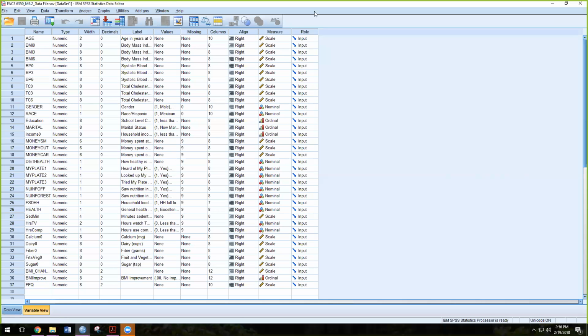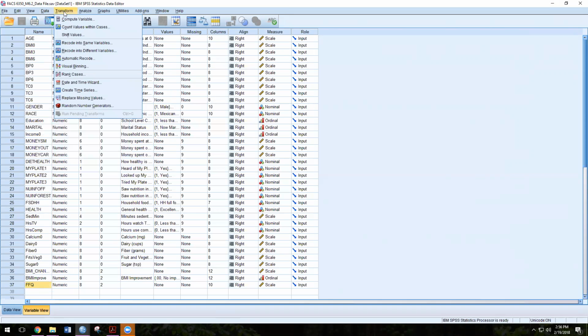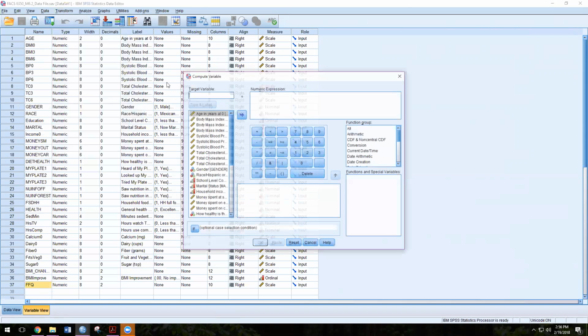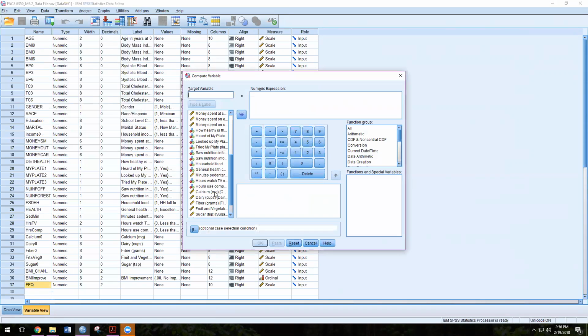Okay, so we see our data file M6.2. I've already calculated this and this one, but if you go to transform, compute variable, you're going to find the ones that you need to add up together.